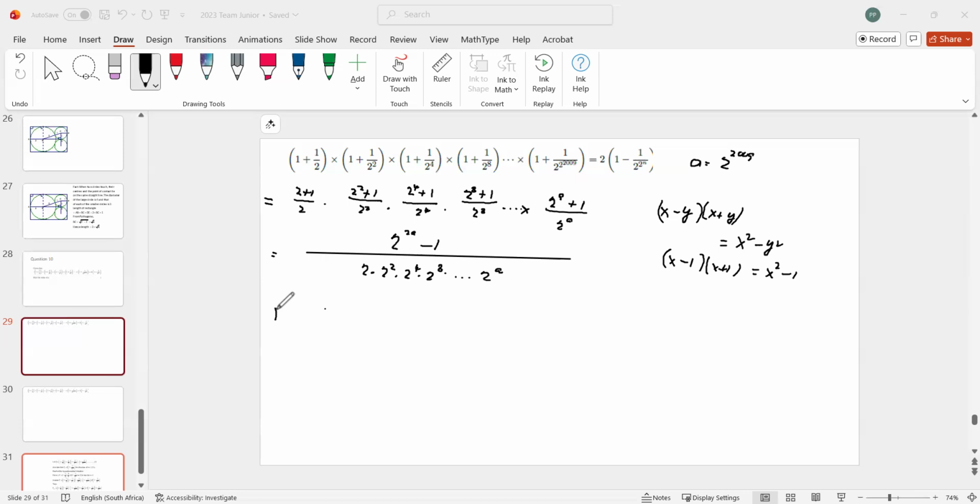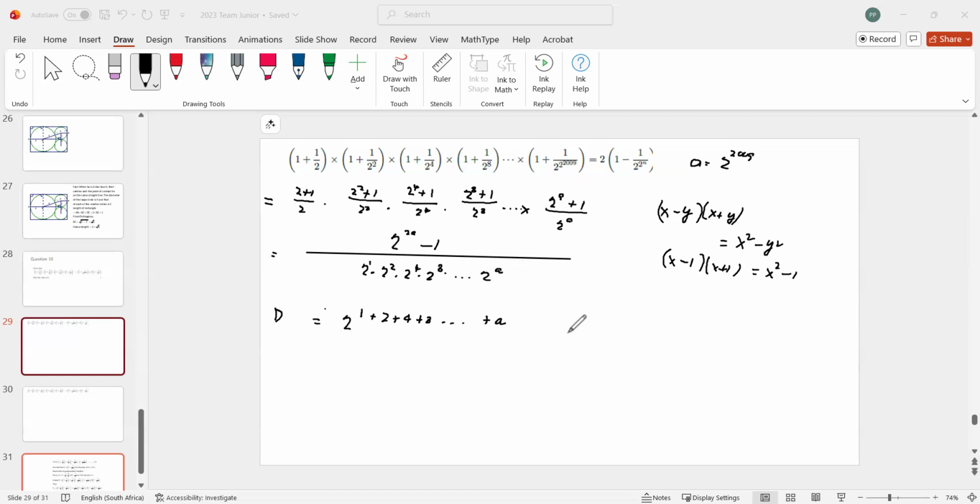Let's call it D. The denominator is 2, you've got the same base, and you're multiplying these things, so you can add the indices. The first index is 1. It's 1 plus 2, not plus 3, but plus 4. And here you've got plus 8, all the way up to plus A. You'll end up with A as the last index.